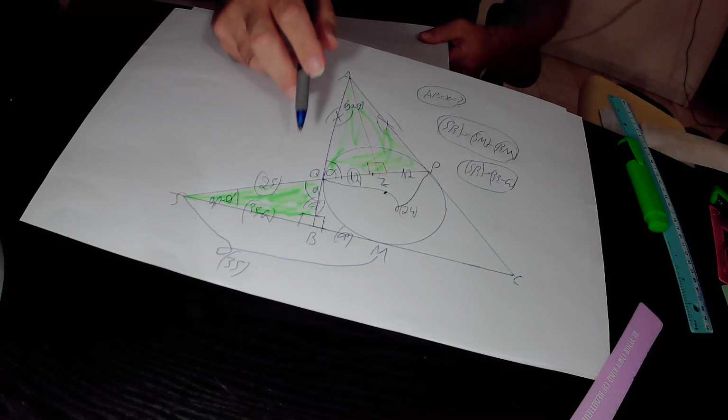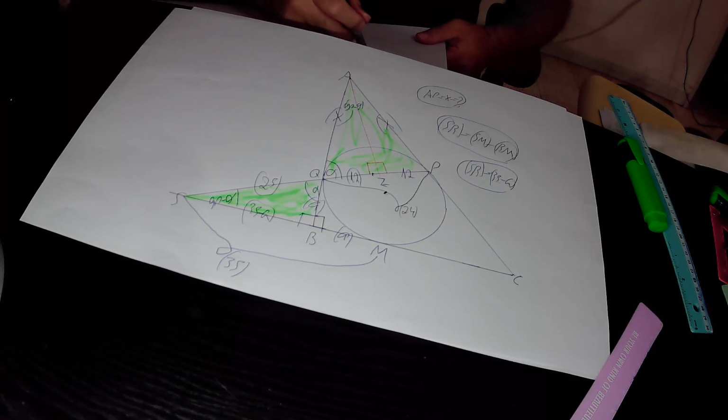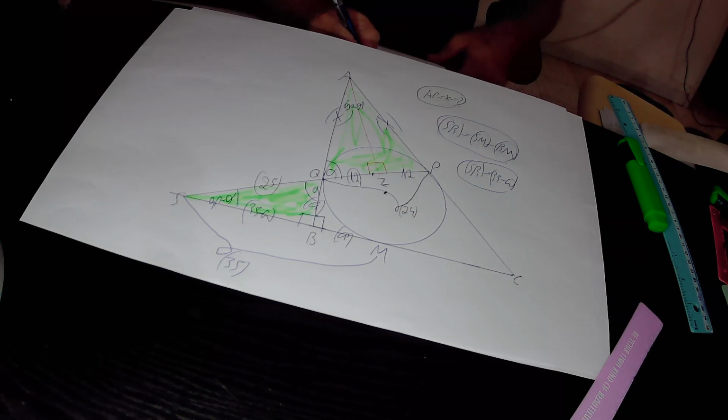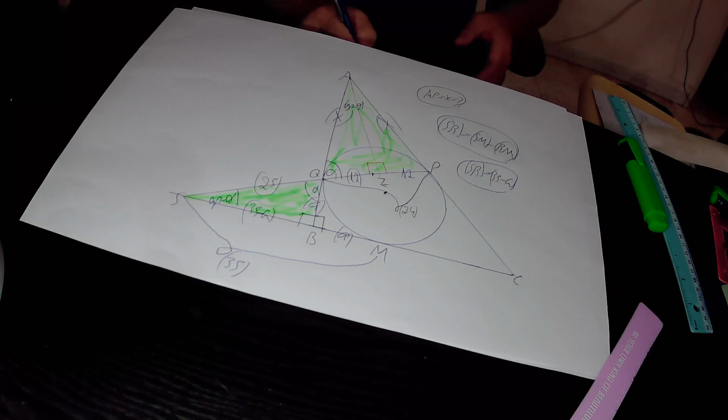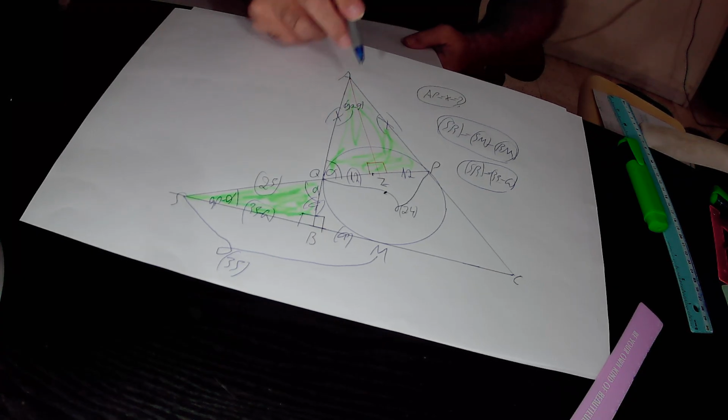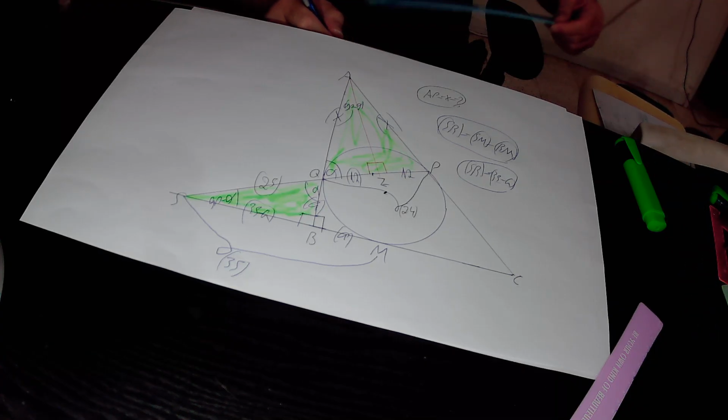Actually, I found out that the right triangle QBS, the right green triangle, is similar to this right triangle AQZ, according to the angle similarity rule.